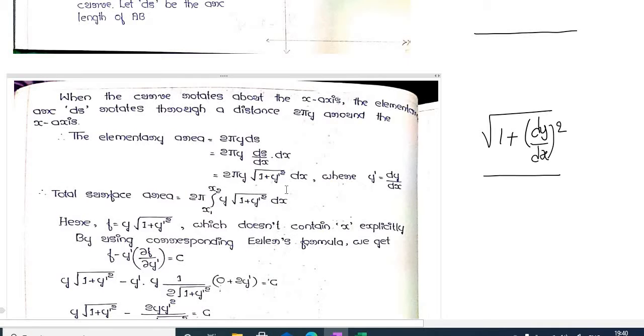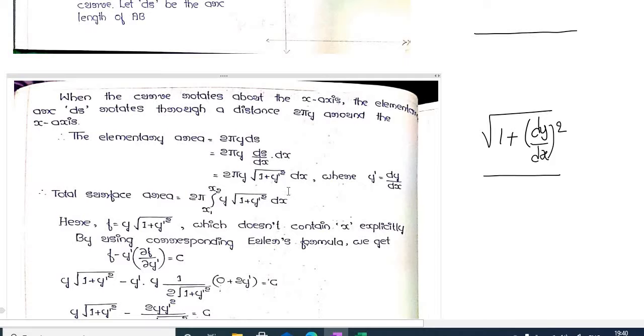The distance between the x-axis and this curve is y. 2 pi y ds can be written as ds by dx into dx. We know the value of ds by dx, that is root of 1 plus dy by dx whole square. This is the formula you learned in your second semester: ds by dx is root of 1 plus y dash square.